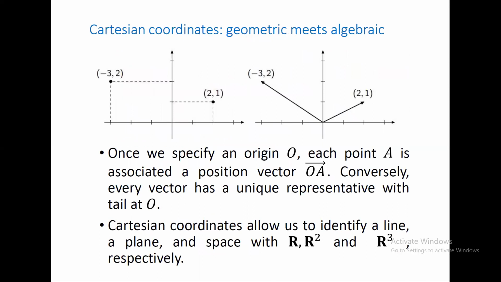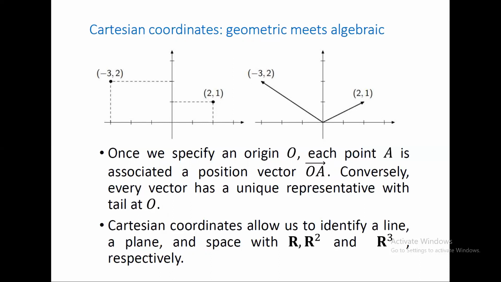Then coming to the Cartesian coordinates, we see that you can specify an origin O. Once we specify an origin O, each point A is associated with a position vector OA, and that is the vector.